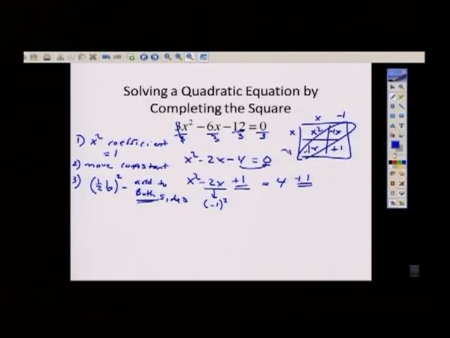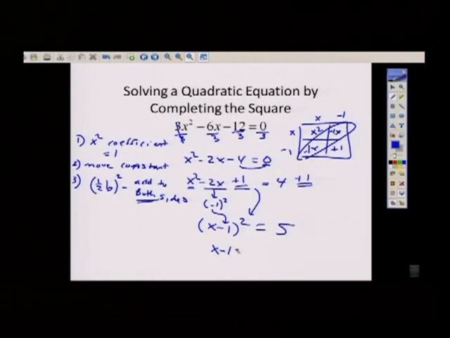So if you notice, it's x minus 1 by x minus 1. And it turns out that when you complete the square, it always turns out to be whatever your variable is, and the half number. The half number was negative 1. So that is equal to 5.